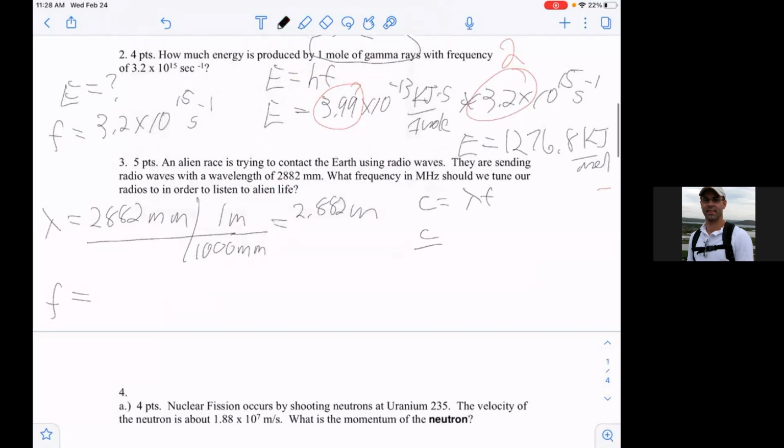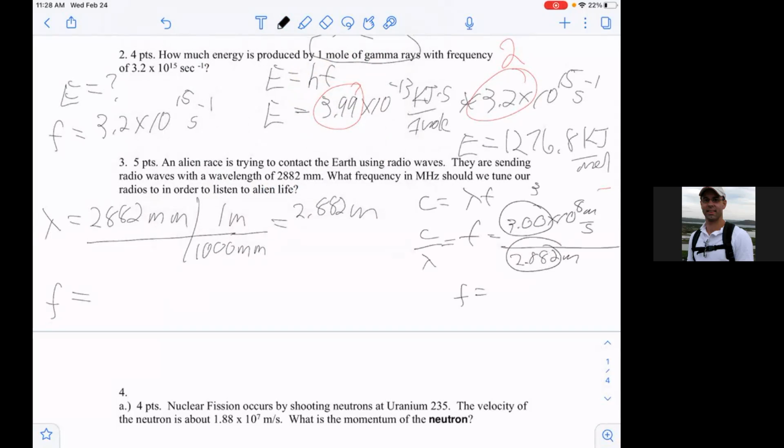Solve for frequency. Divide by my wavelength. And then my frequency will be... I got 3 sig figs, 3 sig figs, 4 sig figs.